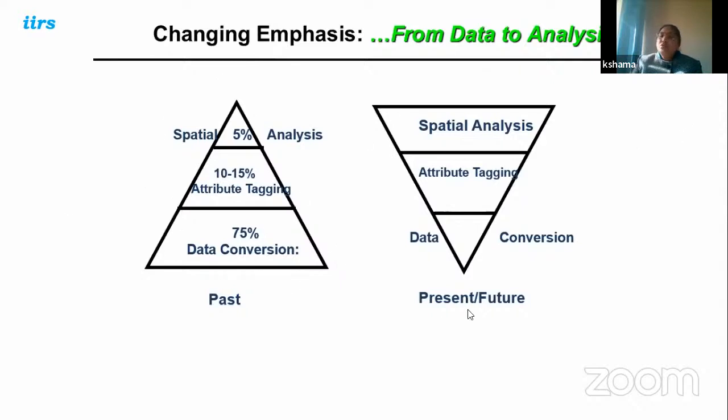But now so much data is freely available, and the image processing that comes with the data you acquire has gone into the background. So data conversion and other things don't take time. So this is a changing emphasis in remote sensing and GIS, from data to spatial analysis.